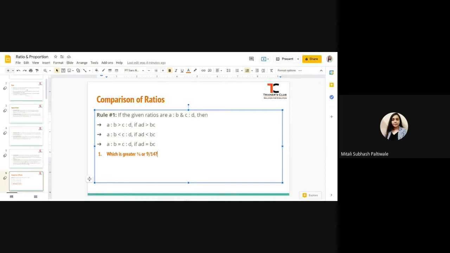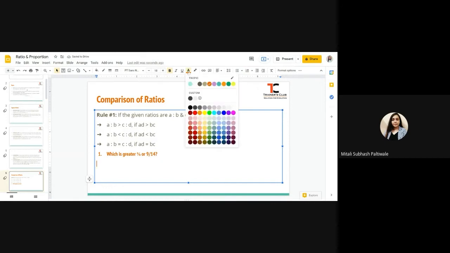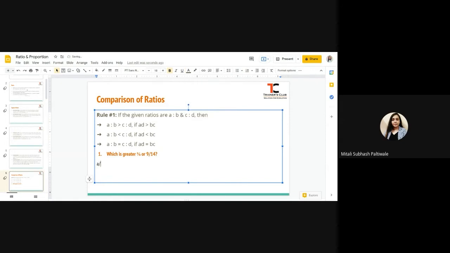Again, as in we were doing the same thing. Now look at this. It is A by B, if I write, this will become 5 by 8, and C by D is nothing but 9 by 14. Okay.